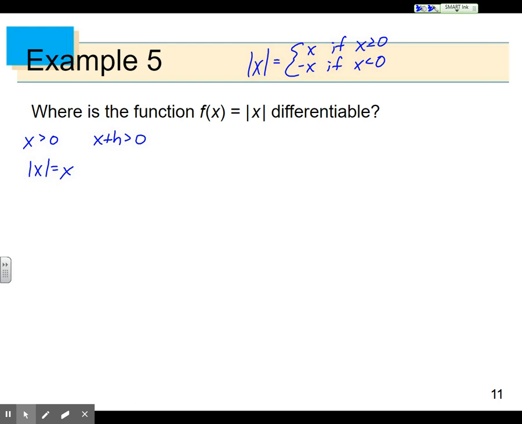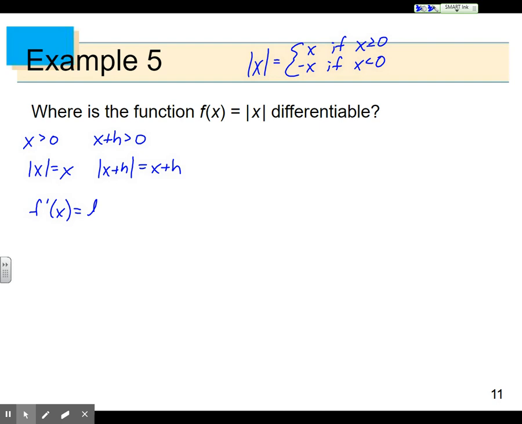Again, h is so small. If x plus h is greater than 0, I'm still pulling my equation off the top piece. So that's going to help me do my derivative now.